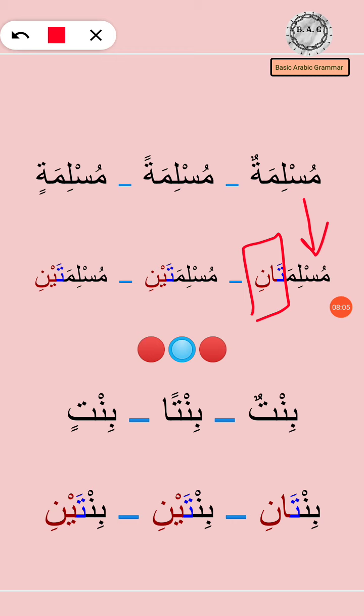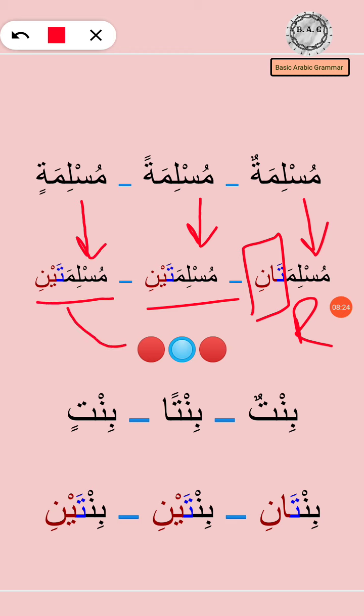This is for your rafa form. Then muslimatan is the nasab form of the singular feminine muslim. It becomes muslimataini, and muslimatin becomes muslimataini. Once again, we can see that the nasab and the jar forms are similar, and it's actually your rafa form that is different.